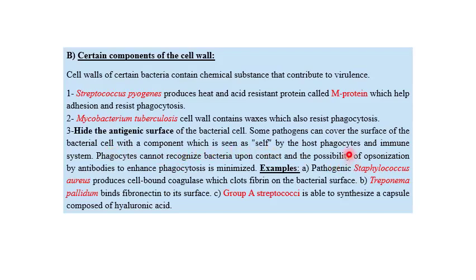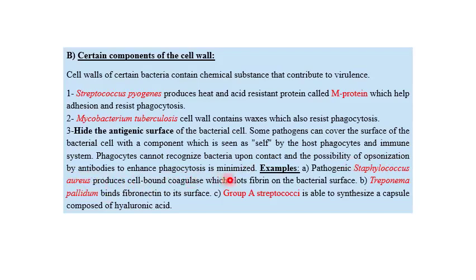It covers itself with something similar to the same substance in our body, in the host body. فبالتالي الimmune system will not recognize it as a non-self فمش هيعمل لها it will not attack it and it will not cause phagocytosis. فهنا phagocytes cannot recognize the bacteria upon contact and even the possibility of opsonization by the antibodies to enhance this phagocytosis is minimized.